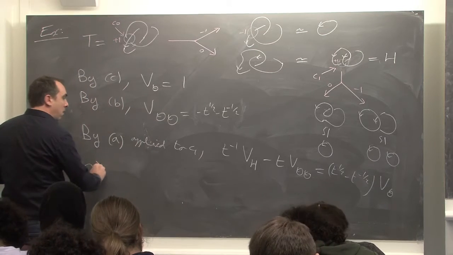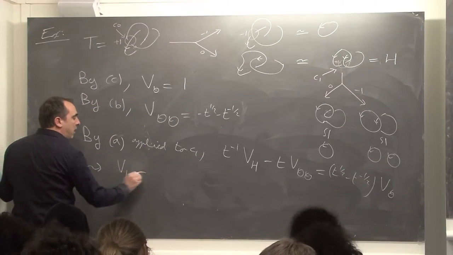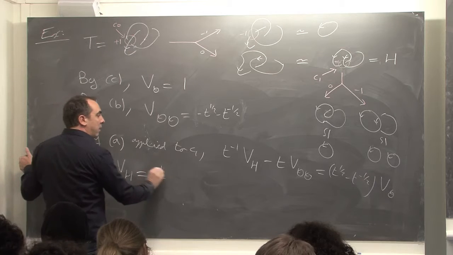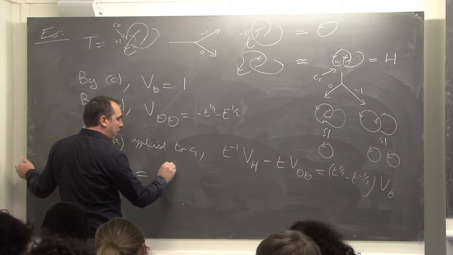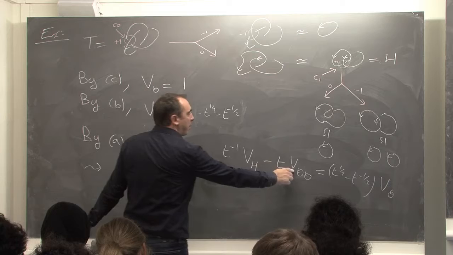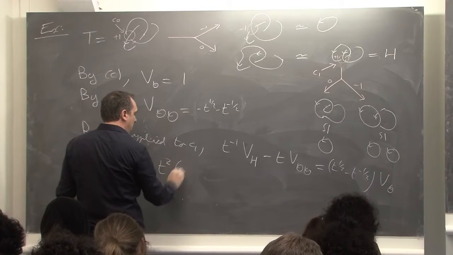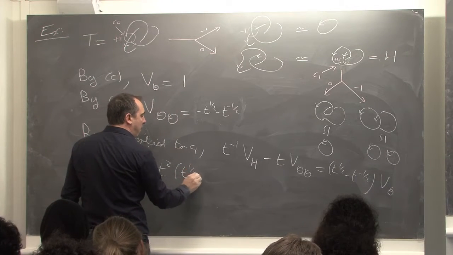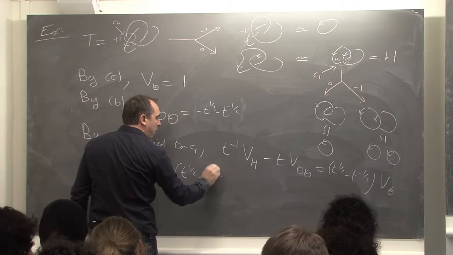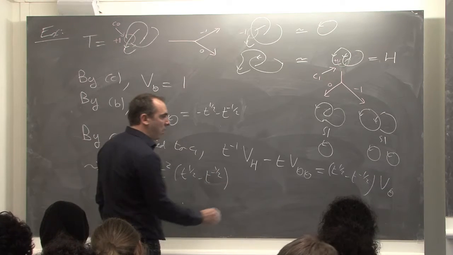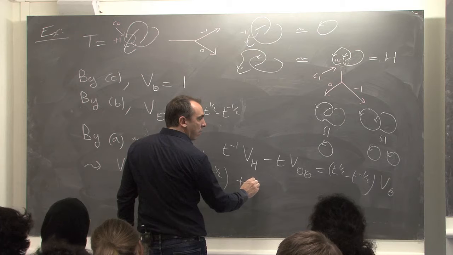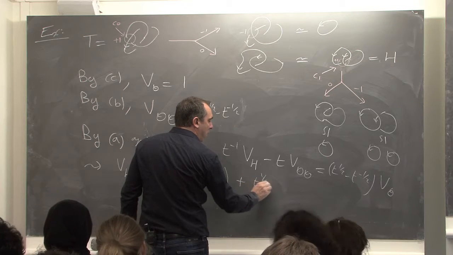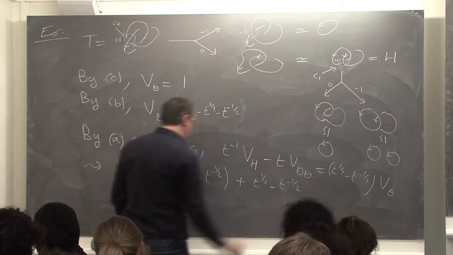So you obtain that V of H is T times T^2 times T^(1/2) plus T^(-1/2) plus T^(1/2) minus T^(-1/2).